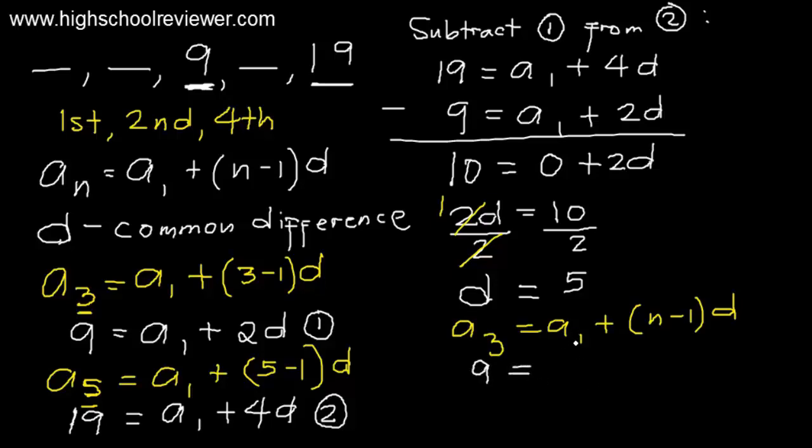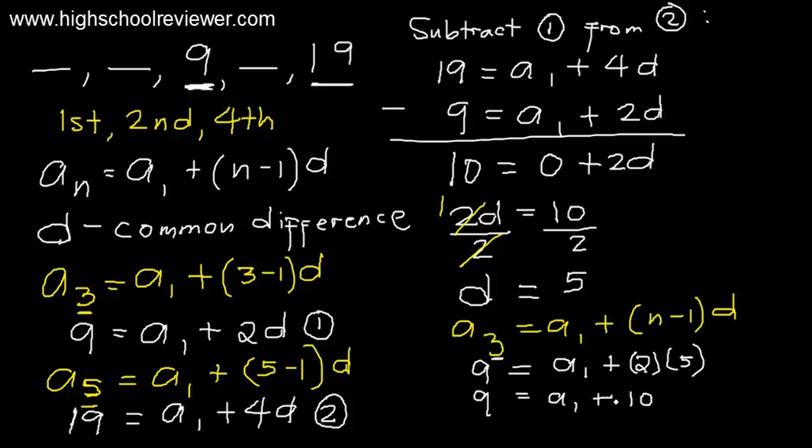This is equal to a sub 1 plus, our n here will be equal to 3. So 3 minus 1 is 2, and 2 multiplied by the value of d, which is 5. So 9 will be equal to a sub 1 plus 2 times 5, which is 10.